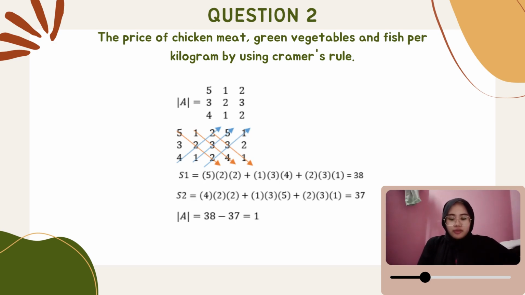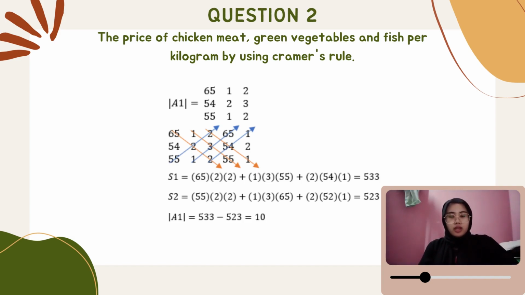Next, we have to multiply the values on the diagonal from top left to the bottom right, and the products will be added together. As the calculated value, we got A equal to 1.